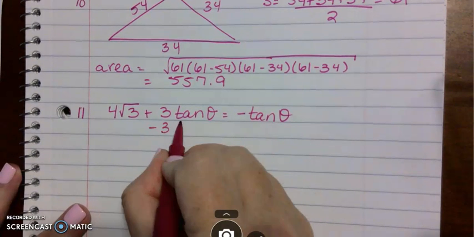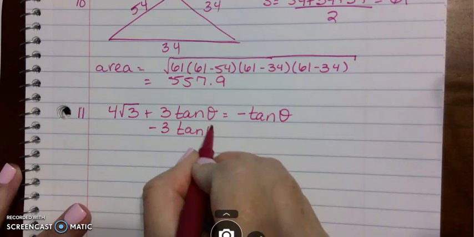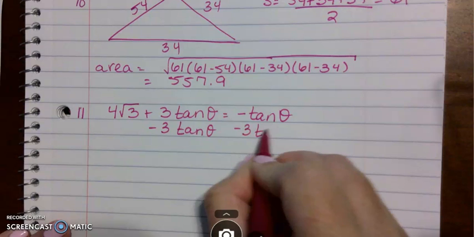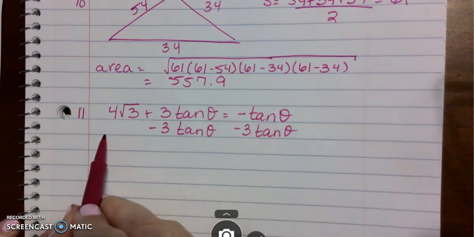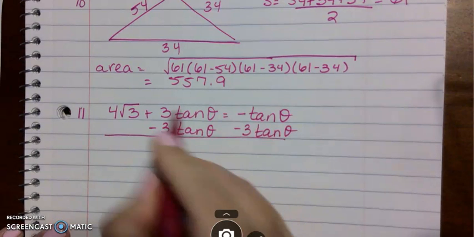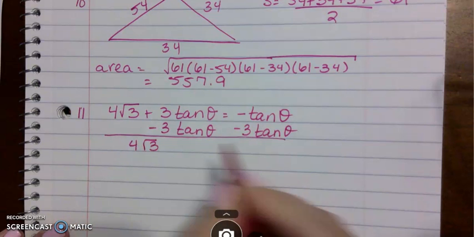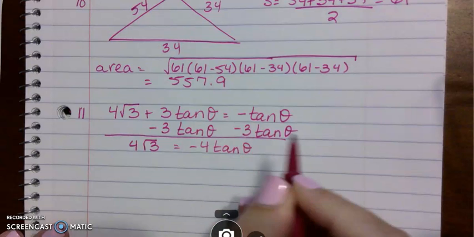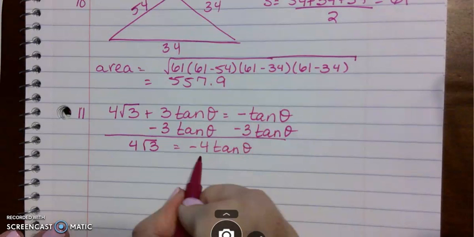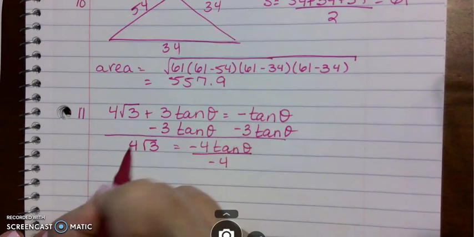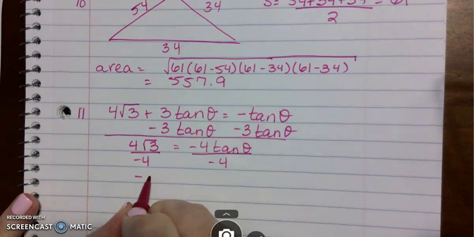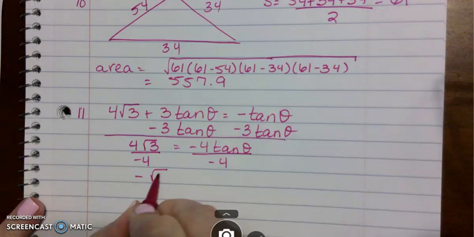So I'm going to subtract 3 tangent over. So we get 4 square roots of 3 equals negative 4 tangent theta. Okay, now I'm going to divide by negative 4 because we want tangent to be by itself. And I get negative square root of 3 equals tangent.